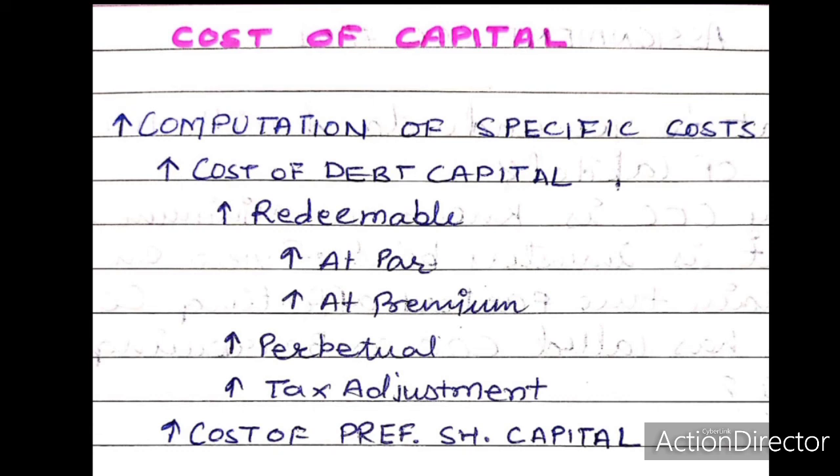The following formula may be used for this purpose. Kp equals D plus (Mv minus Np) divided by N, whole divided by (Mv plus Np) divided by 2, multiplied by 100, where Kp stands for cost of redeemable preference shares, Mv stands for maturity value of preference shares, Np is net proceeds, N is number of years to maturity, and D is annual dividend payments.